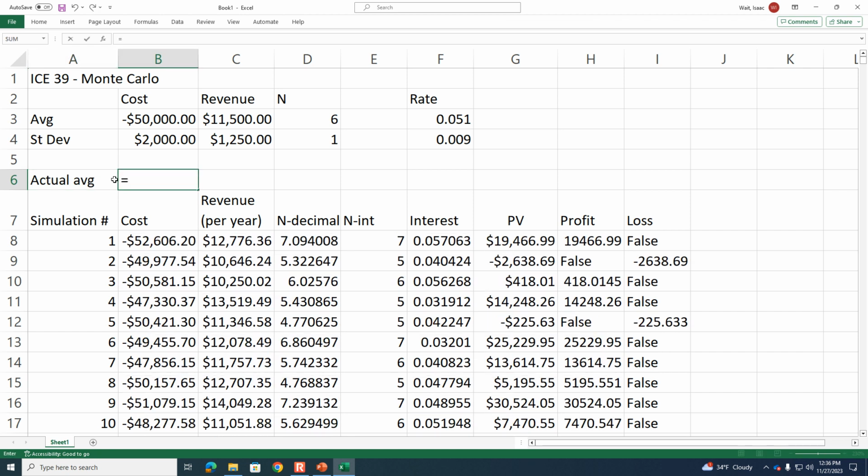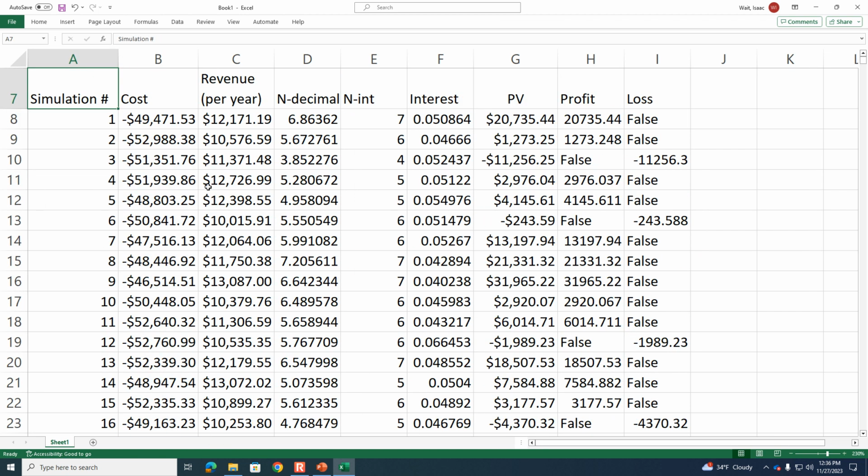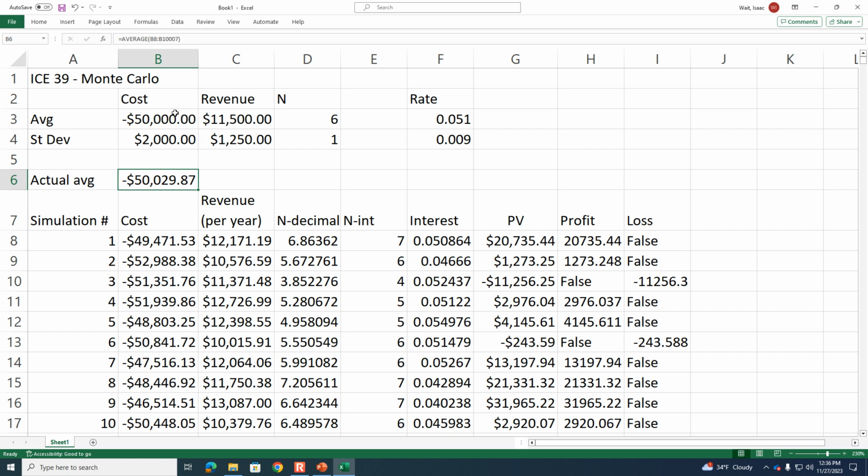So if we calculate the average cost, I'm going to do Shift, Control, and then the down arrow button. And that'll take me to the bottom of the list without having to scroll. So we wanted the average to be negative 50,000, and it does its best, but you know, there's random variation. And so the actual average out of 10,000 simulations is 50,029.87.